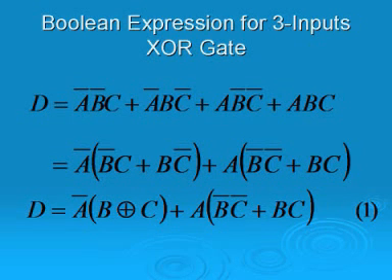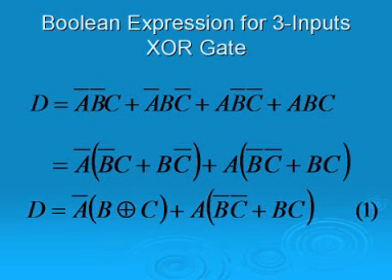Now the term B bar C plus B C bar in the first term is nothing but the Boolean expression for B XOR C. Thus, we can write D is equal to A bar (B XOR C) plus A (B bar C bar plus BC).